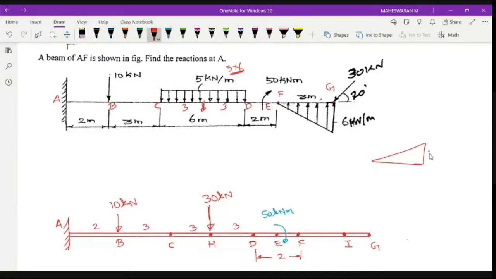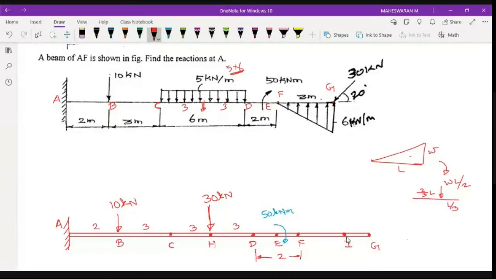So if this is W, height is W and your breadth is L. So when you convert it, you will have W into L divided by 2, half into base into height, area of the triangle. Where it will be acting from the apex. This is my apex. From here it is 2/3 of L. From the base, it is 1/3. So L by 3. Right?